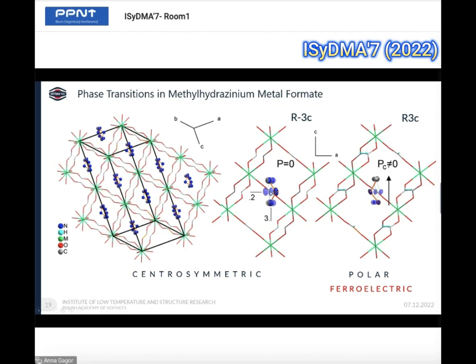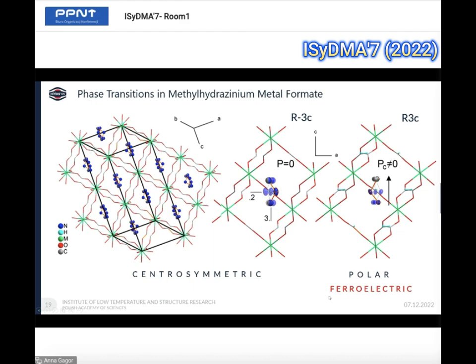Amines may rotate along this easy threefold axis, but also along this not so easy, I would say, twofold axis. With decreasing temperature, we can block this movement, and there is a phase transition to the low symmetry phase. We lose the symmetry center and have a polar arrangement of these amines, which also gives us ferroelectricity.